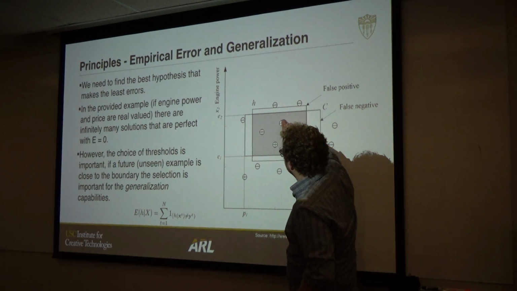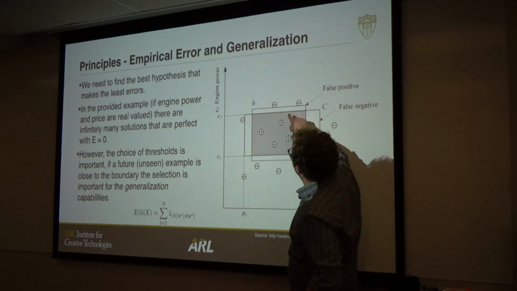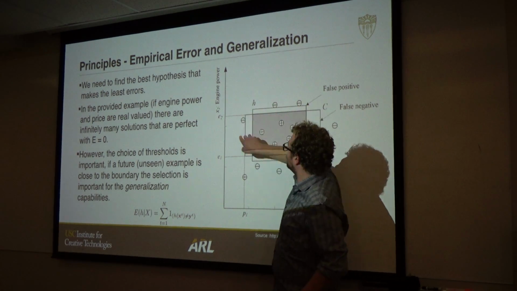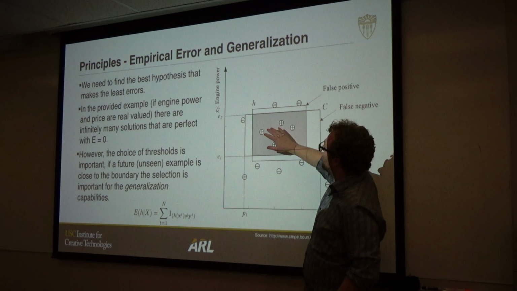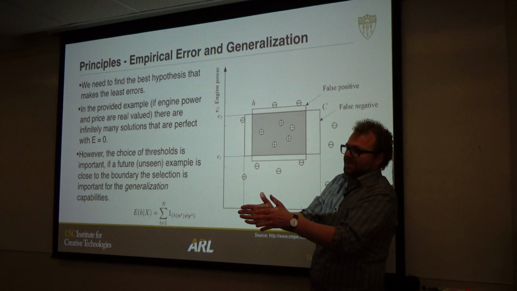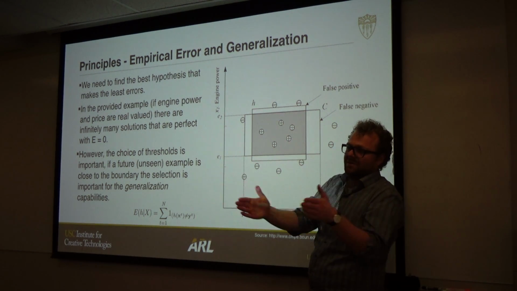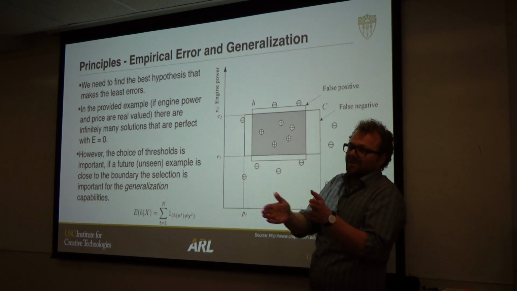It's very close to all these observations. But I can also create this rectangle here that's very far from these representations, okay? So that's the most specific one versus the widest one, okay? And everything in between them are legal and good hypotheses that create 0 error.